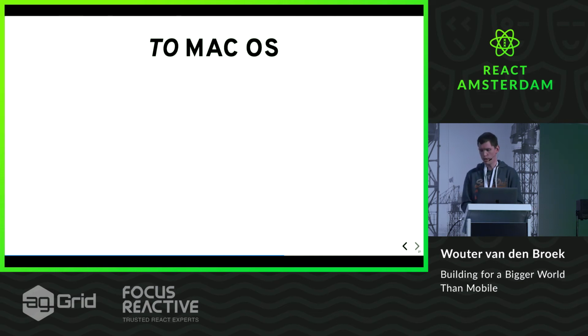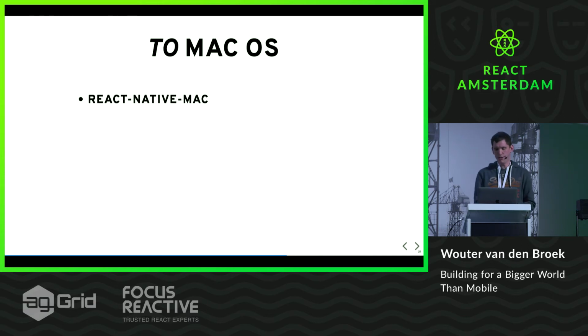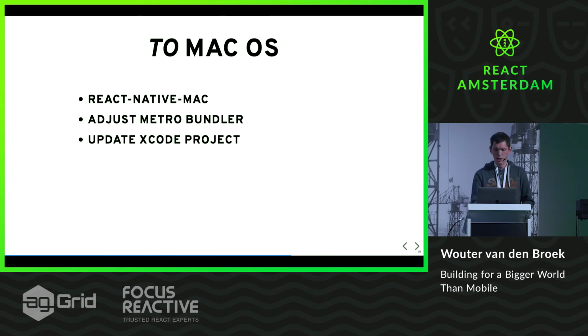Here we go again with the native modules. Now we need to adjust the macOS bundle to exclude everything that the macOS package doesn't understand, because it won't compile if it sees all those things.